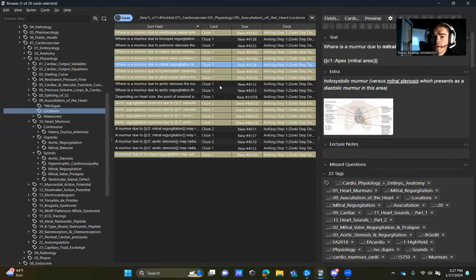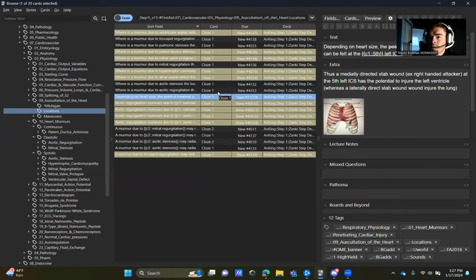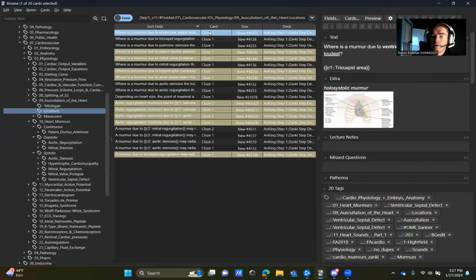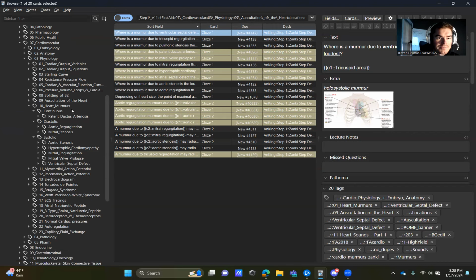It was more about where you are going to hear a specific murmur. That's something to help me understand the anatomy of it and connect it, so that when I read words, I'm able to interpret that and understand where I am in the heart, because this is kind of challenging, at least for me.